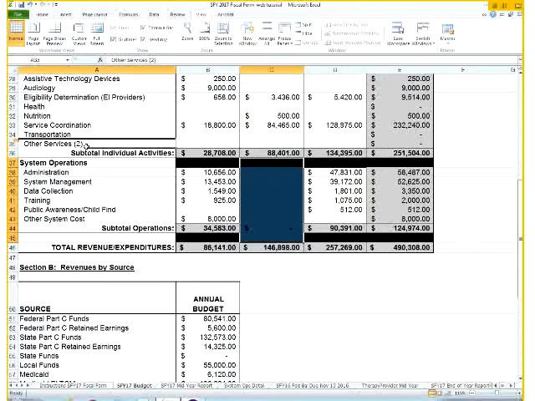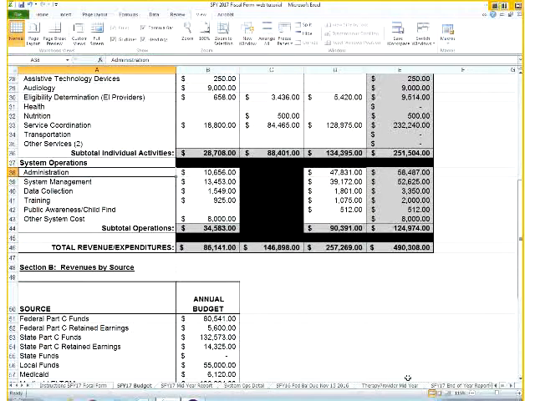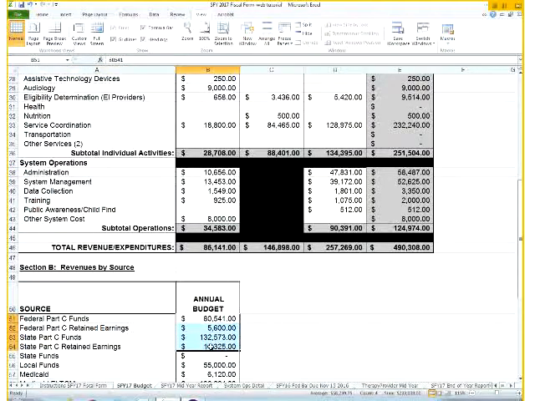Your first category is administration. Administration covers the operational cost to the local lead agency to administer this contract. You can take 5% of your total allocation and put it towards systems operations administration.